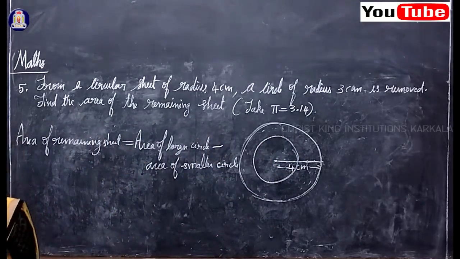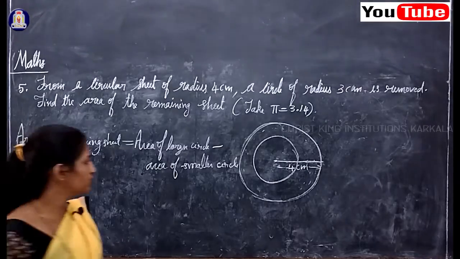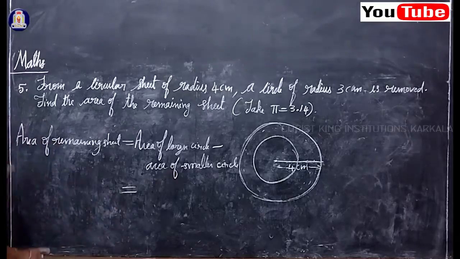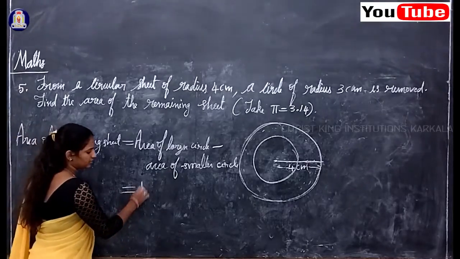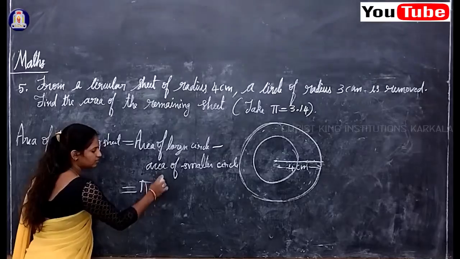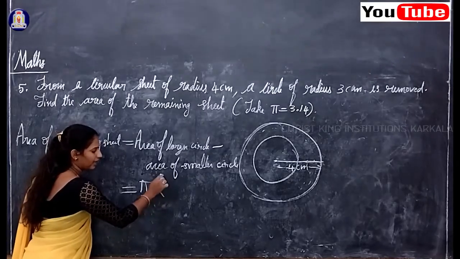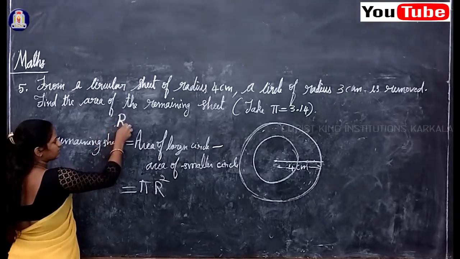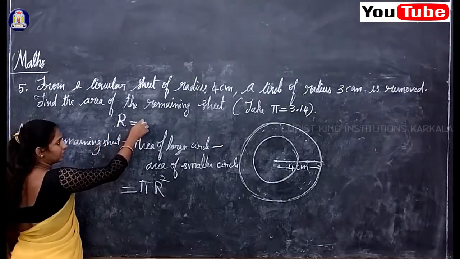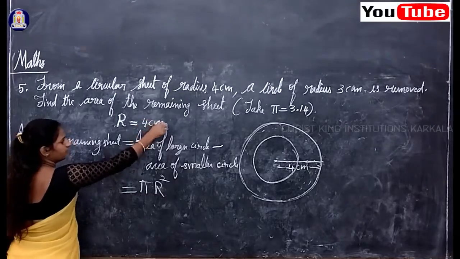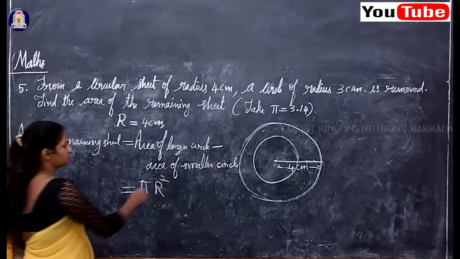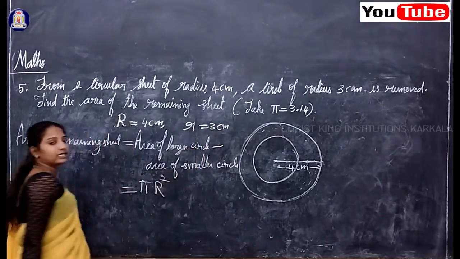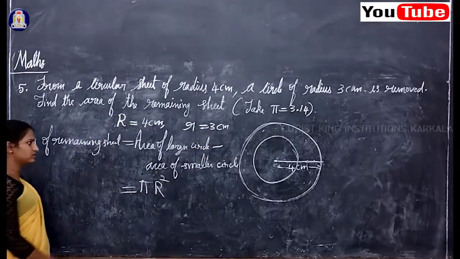We know the smaller circle radius is given as 3 centimeter. So now we want to substitute, write the formulas. To find the area of the remaining sheet, the formula is pi r square. The large circle radius I will consider as capital R, that is 4 centimeter, and the smaller circle radius is 3 centimeter, which we write as small r. So this is the representation.